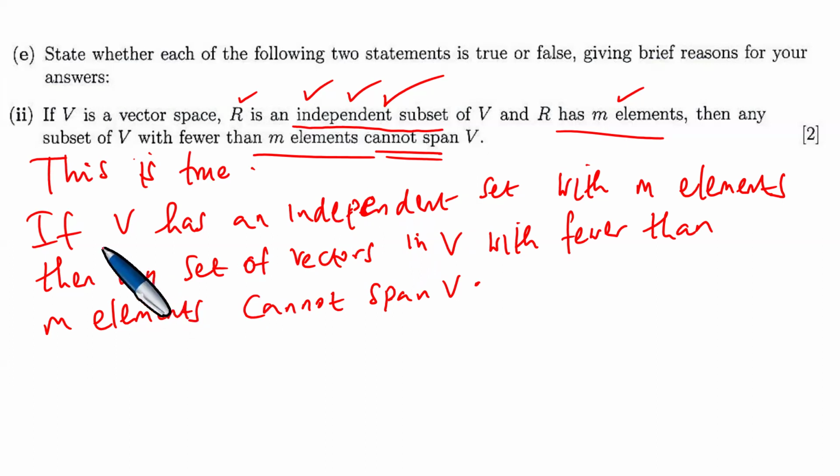Now we are saying if V has an independent subset, the way it has been written here.